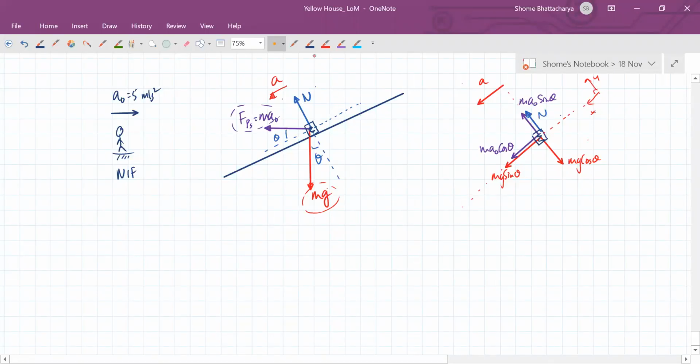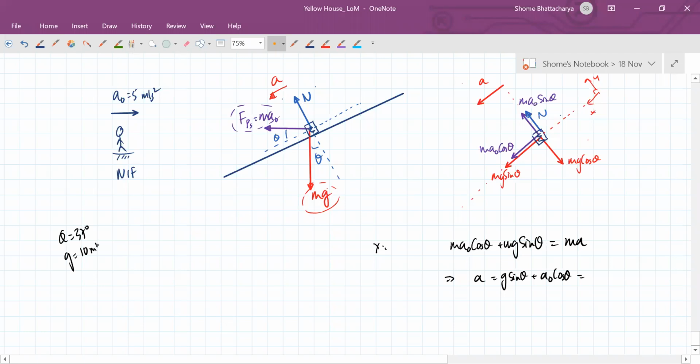So along the x-axis, we have the equation m a naught cos theta plus mg sin theta is equal to m E. So theta was 37 degrees, g is 10 meters per second square.